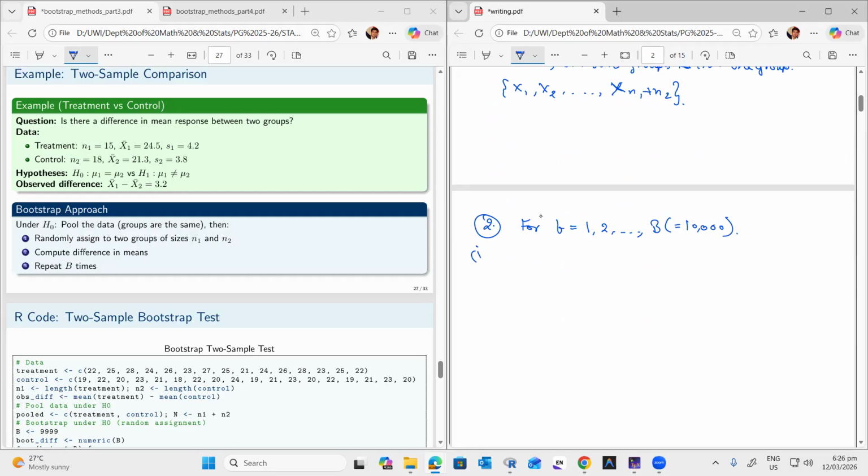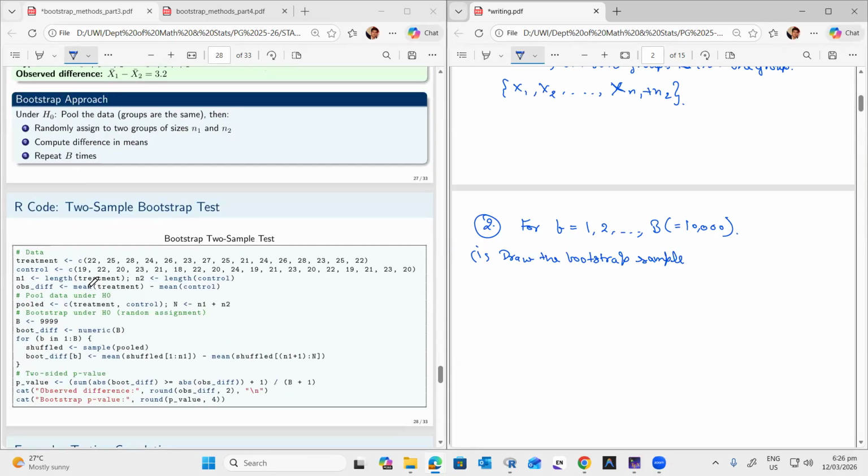In that one, draw the bootstrap sample of size n1 plus n2, with replacement, from the pooled data.